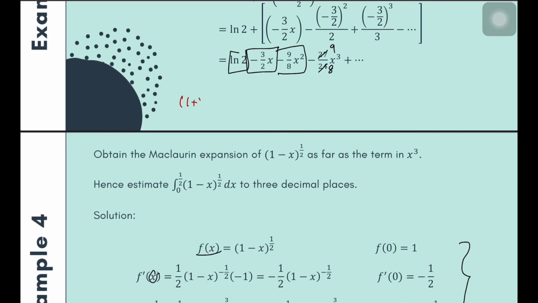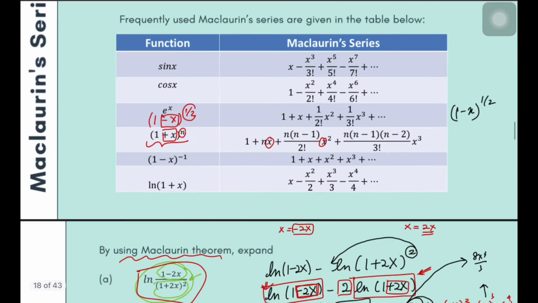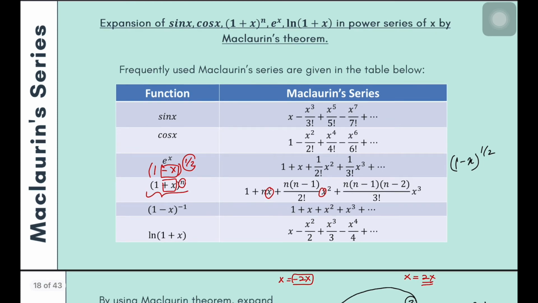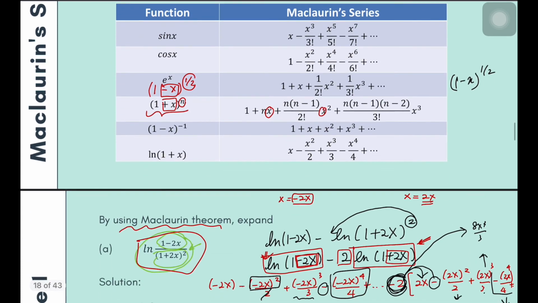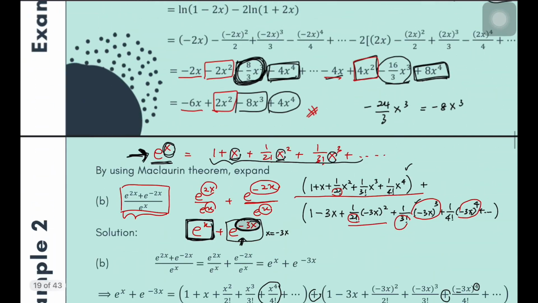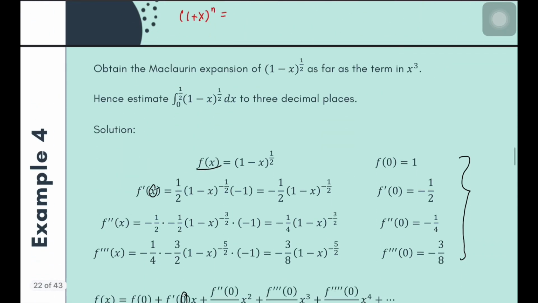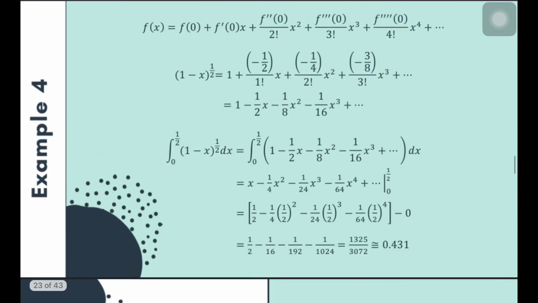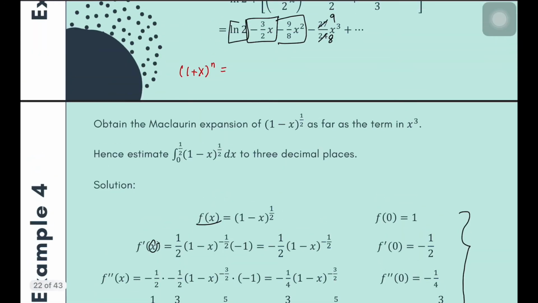Expansion of 1 plus x to the power of n equal to 1 plus nx plus n darab n minus 1 over 2 factorial x square plus n darab n minus 1 darab n minus 2 over 3 factorial x cube plus dot dot dot.